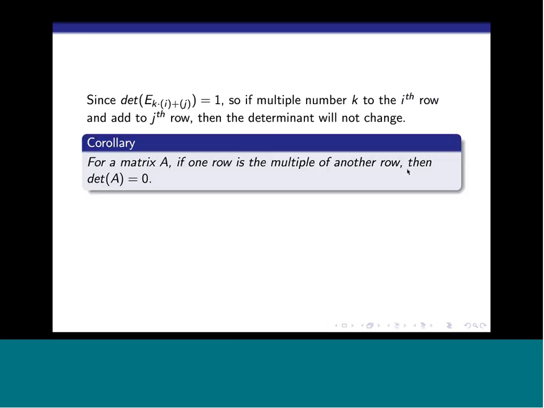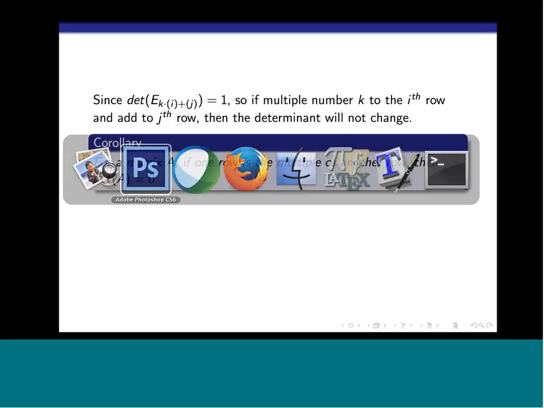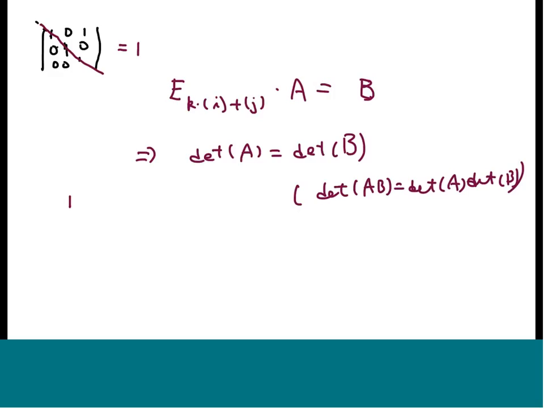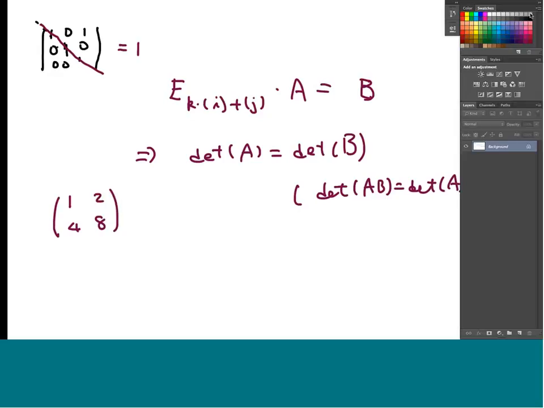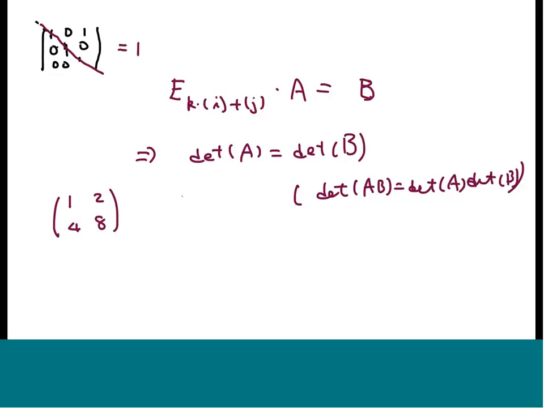Okay, so if you have one row as a multiple of another row, then you can always produce a 0. For example, I'll give you 1, 2, then 4, 8. Let's do the first row times minus 4, then add to the second.